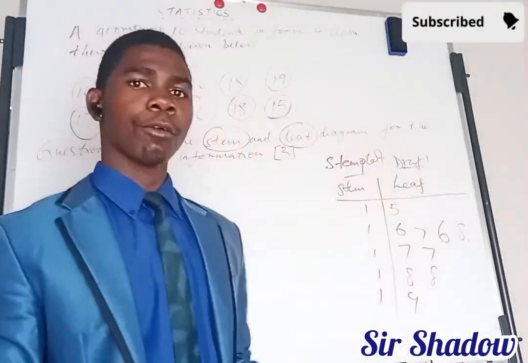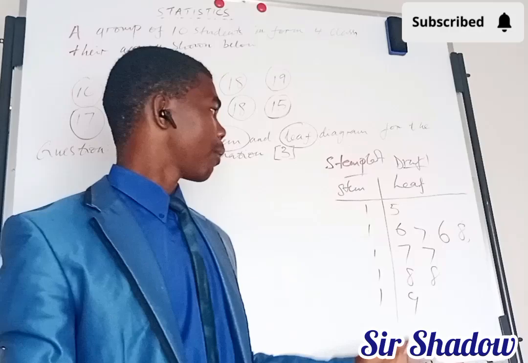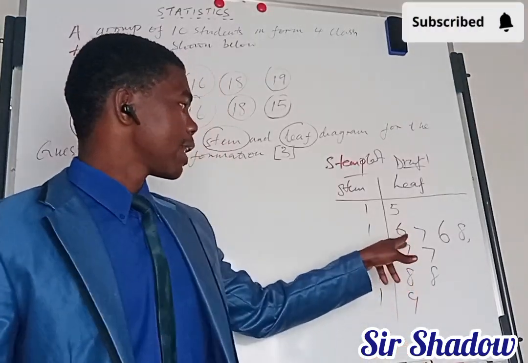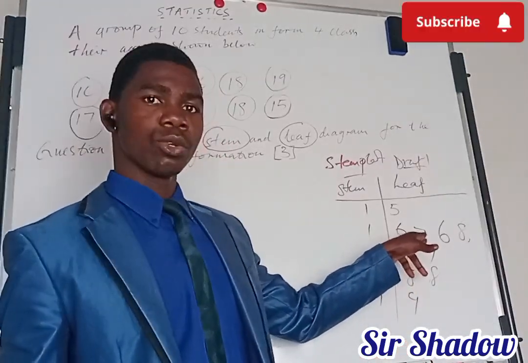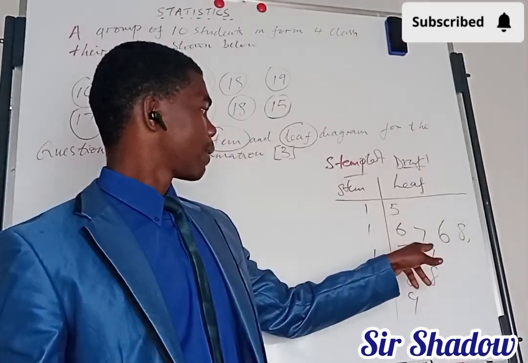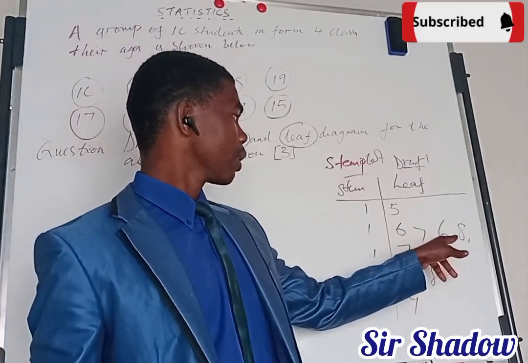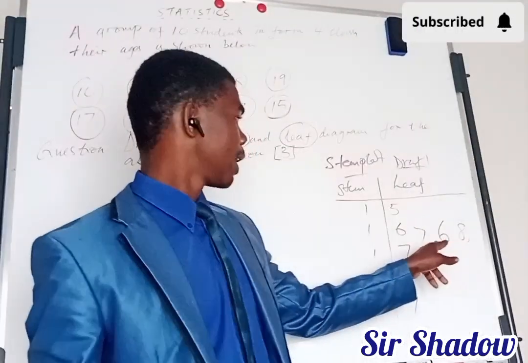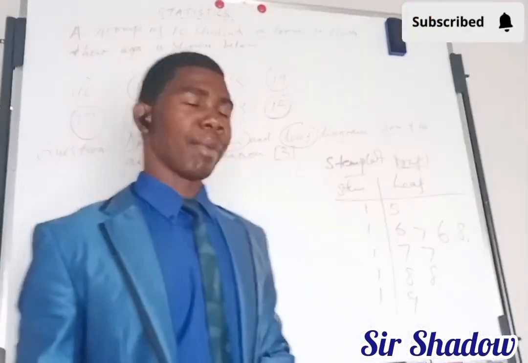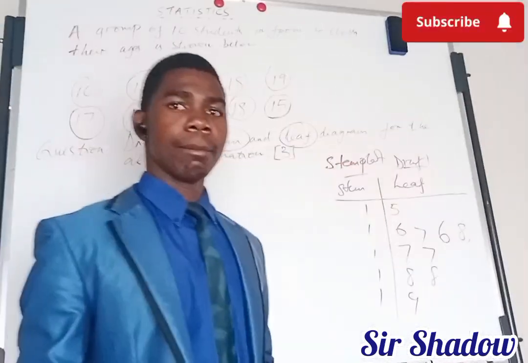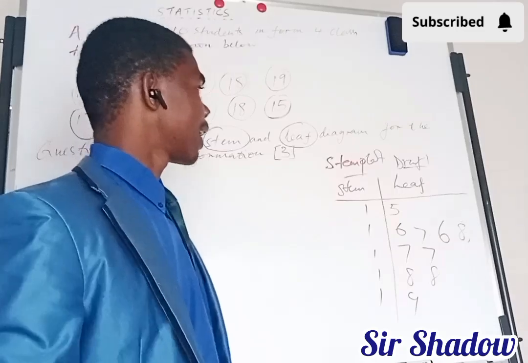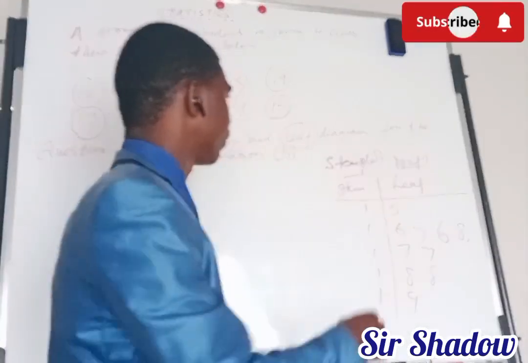So for your final plot, we have to write these values according to their size. Start with 6, then followed by another 6, then 7, then 8. But from our given data, the data is already arranged in the original form.